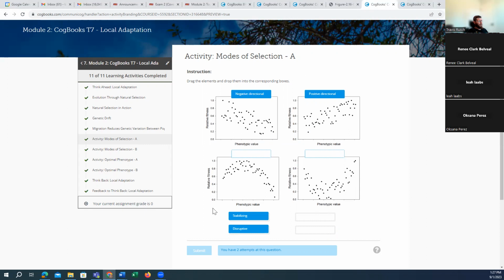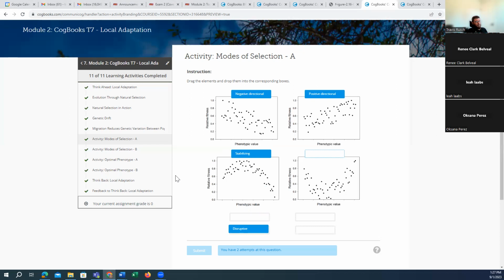Now what's going on with this one on the bottom left? That would be stabilizing, right? Yes, I agree. And why is this stabilizing? Let's describe what we mean by stabilizing.